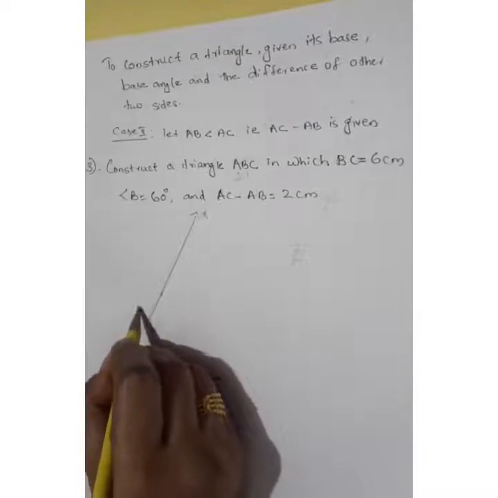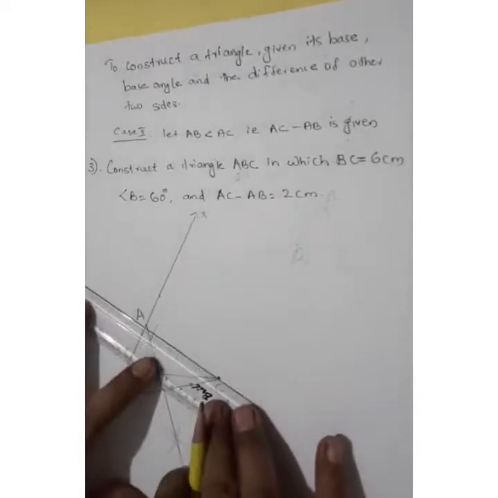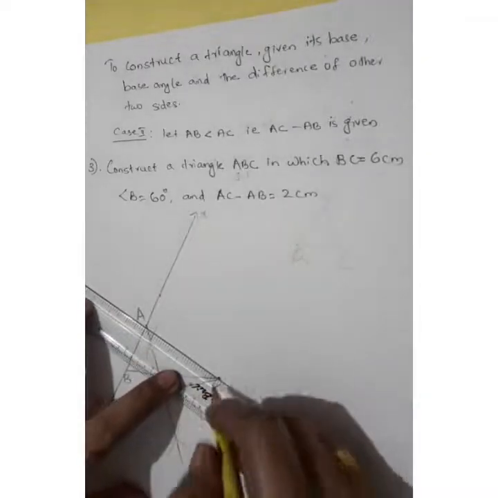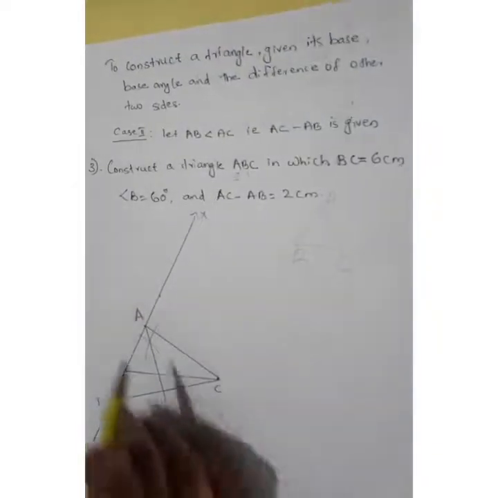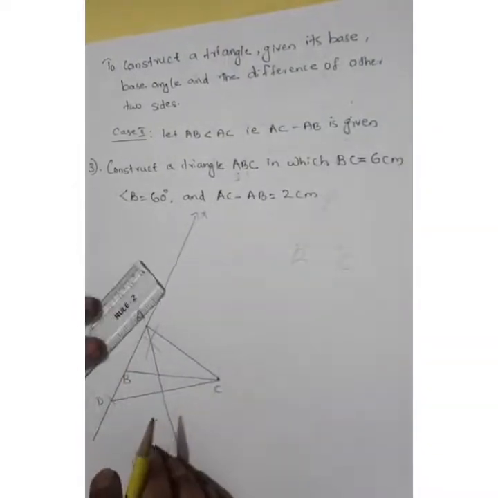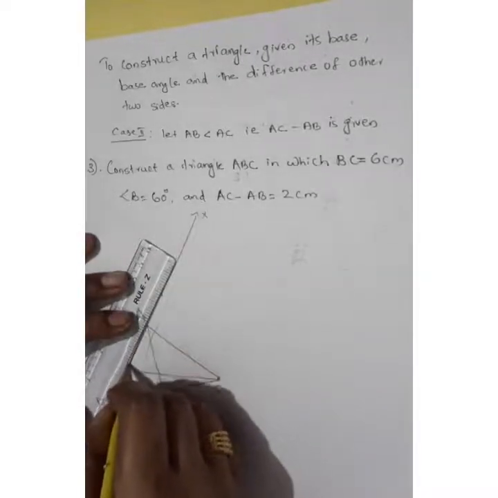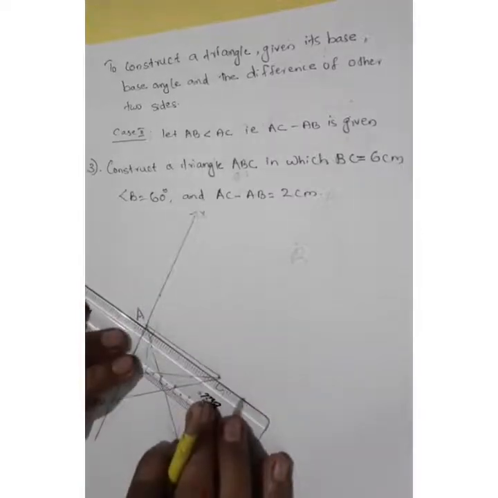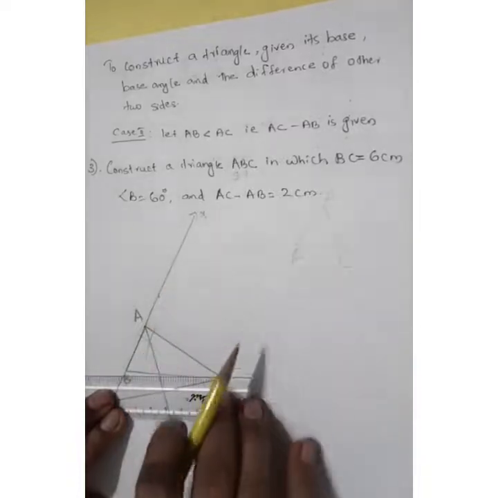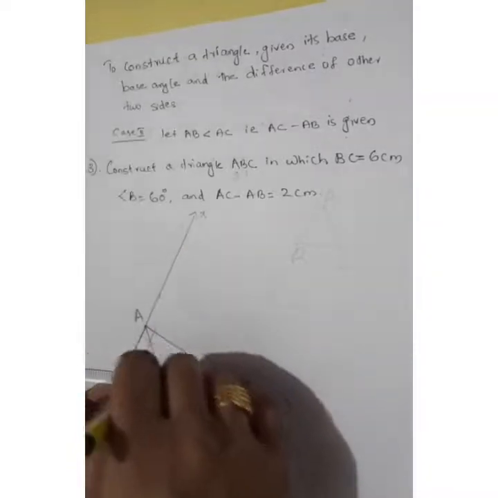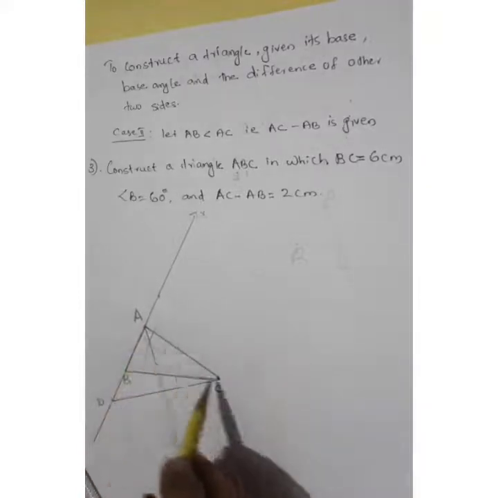Third vertex A. Then what is the next step? We want to join AC. So our triangle ABC is ready. This is our triangle ABC. You can just check whether it is correct: find out AC minus AB.